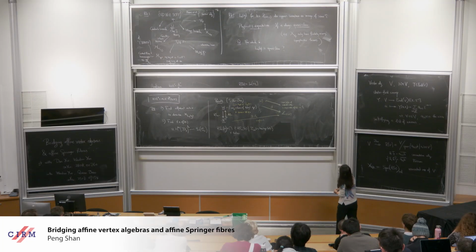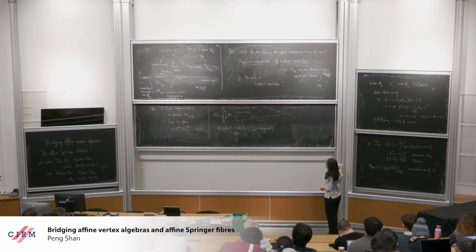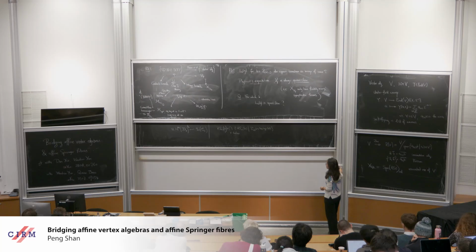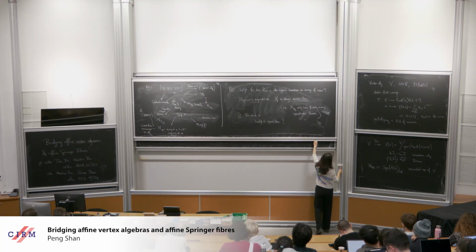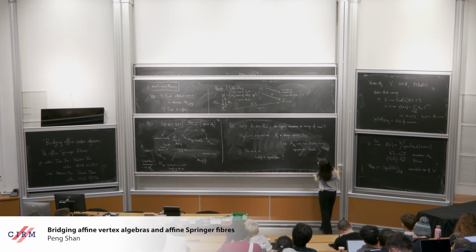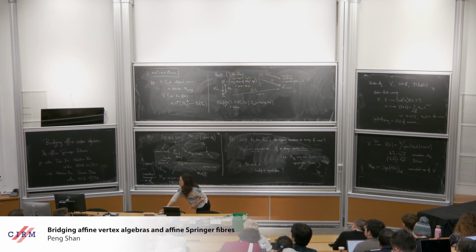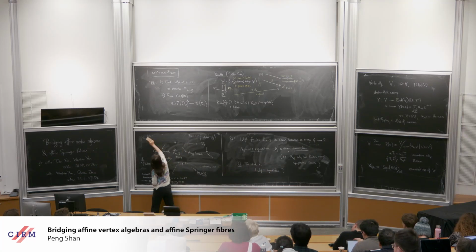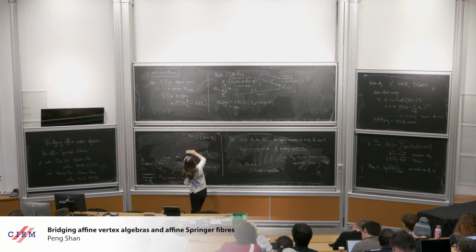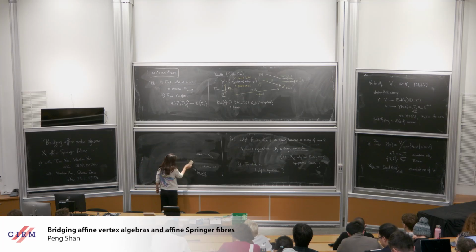And then we prove that this map from the nilpotent orbits to Z has a nice property.